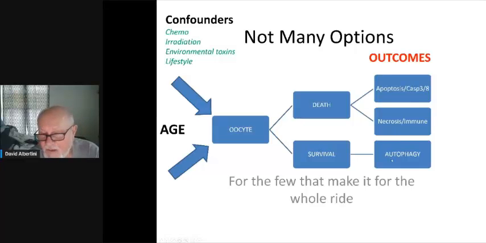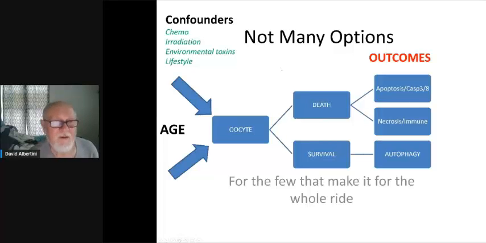And processes are now being understood. Of course, apoptosis has been on the center stage for some time as a determinant in follicle health, ovarian health, as has necrosis and immune conditions. But we're seeing now that this field of autophagy, which is a basic cell survival mechanism, is one that needs to be explored.